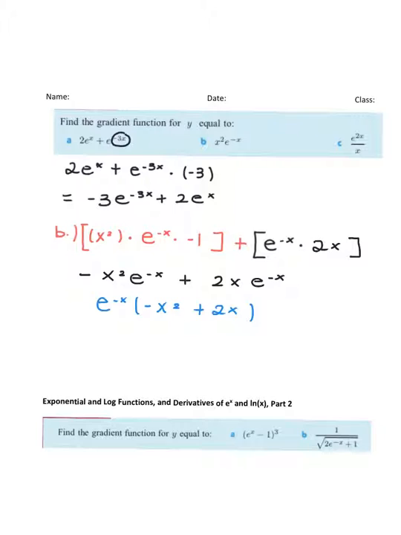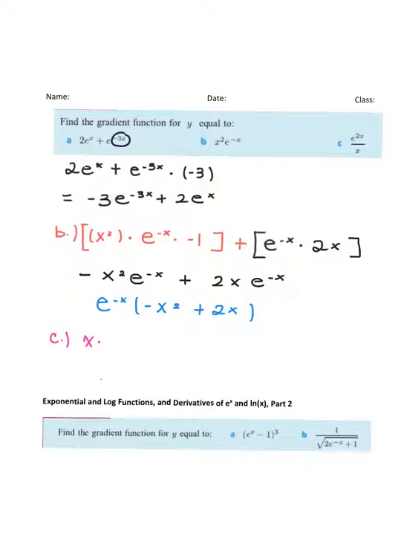So for C, we've got quotient rule combined with a derivative of e to the x, e to the 2x in fact. So quotient rule is low d high minus high d low all over low low. So for C, low d high: low is x times the derivative of the high, or the derivative of the numerator.